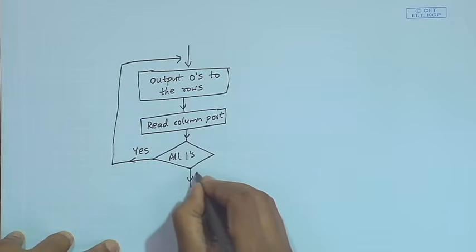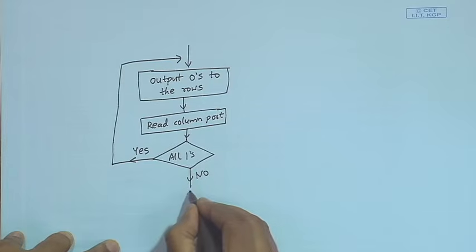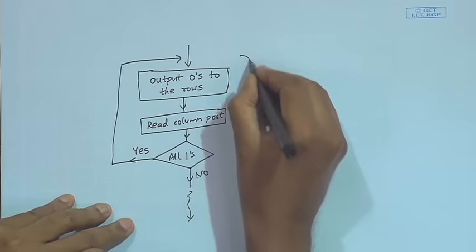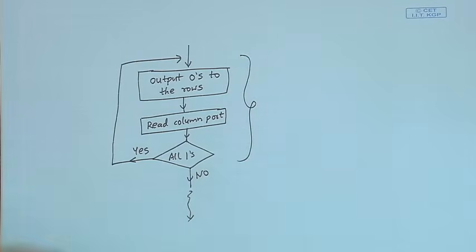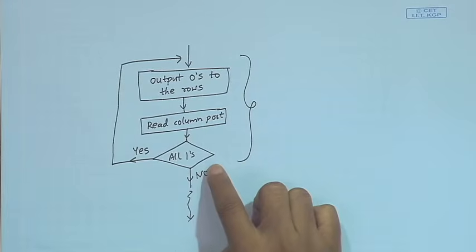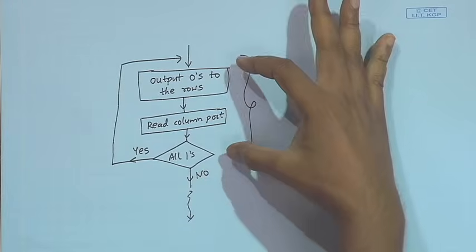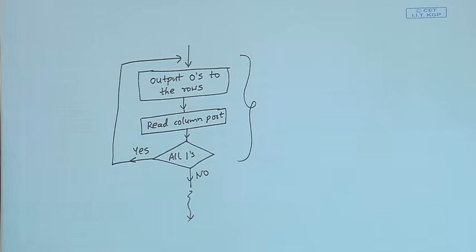If any of the bits is 0, some key is pressed, and you can go ahead with the next step. So, this is how you can check the status of the device, whether the device is ready to transfer data or not. This method simply outputs 0 and reads the column.